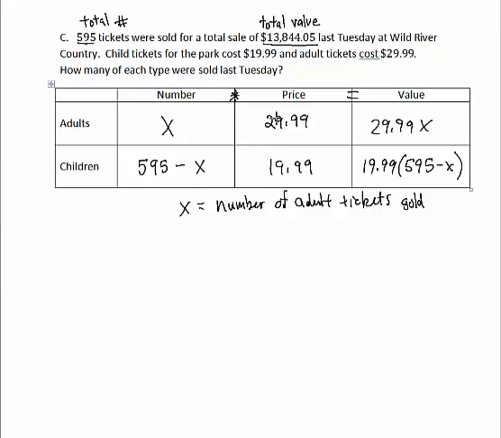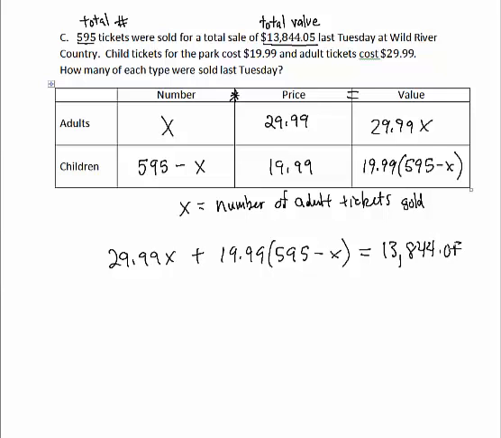The total value of adults and the total value of children, if they're combined, should equal this. So we write 29.99x plus 19.99 times (595 minus x). The value of adults plus the value of children equals the total dollar amount for all ticket sales.